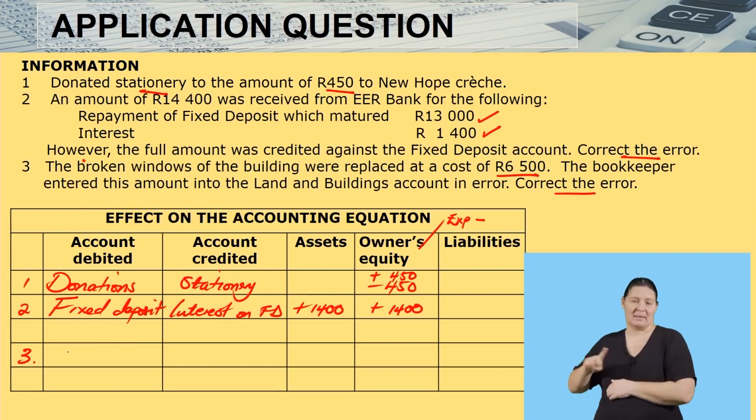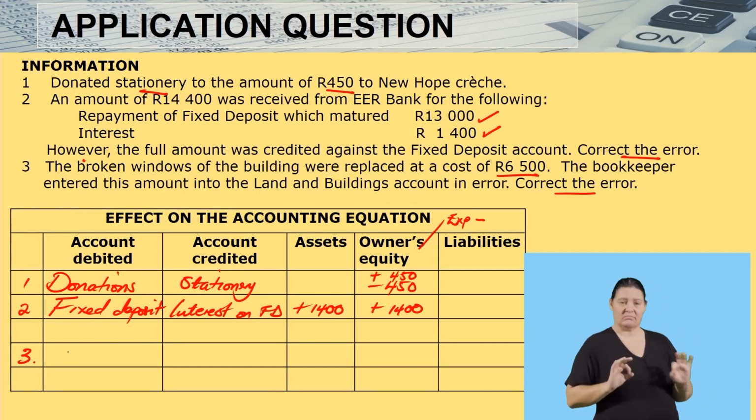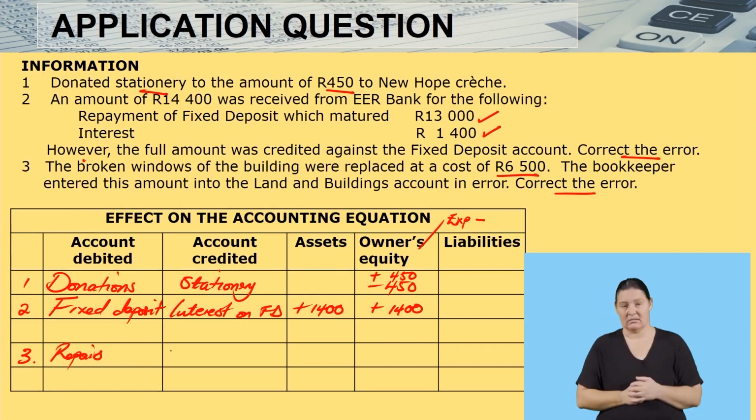So let us start by debiting the right account that should have been debited. That is your repairs. Repairs are an expense. It is going to affect my owner's equity, decreasing it by 6,500.